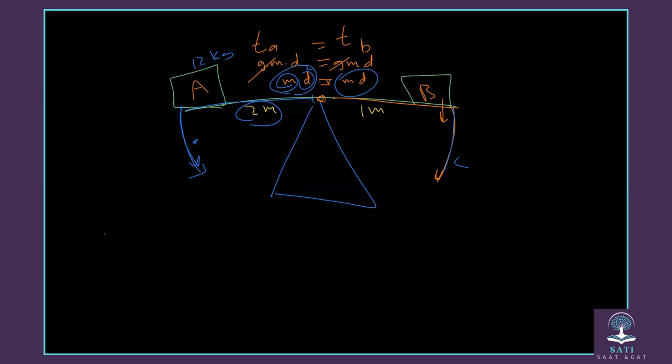So this side has to be 24. So if the distance is only 1 meter, the mass has to be 24 kilograms in order for these two parts to be in balance. So if the distance here is double the distance here, this mass has to be double this mass in order to make the two parts equal in their torque.